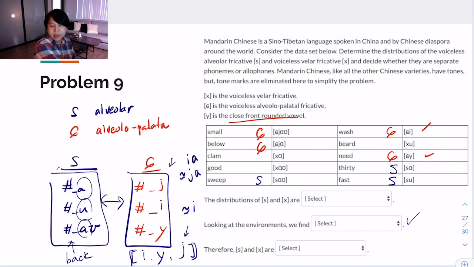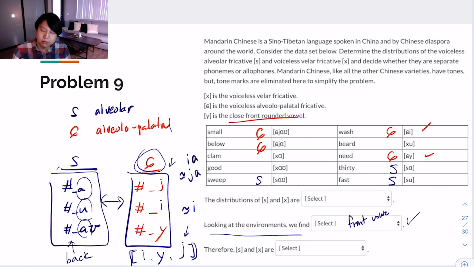I will check later. But anyway, I think the answer was that the alveolo-palatal sha sound only exists before a front vowel or the ya sound, which are often grouped together as a natural class that triggers palatalization.